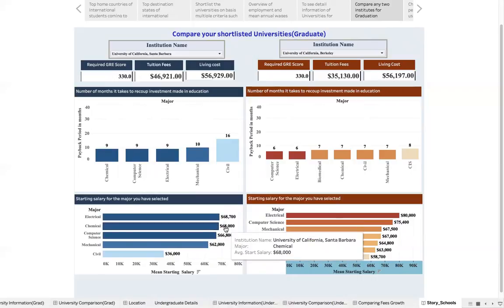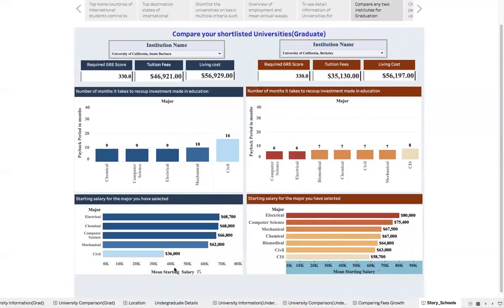We have not considered the living cost, because living cost is something which differs from person to person, and it is very subjective. And tuition fees is something which will be the same for all the students. Tuition fees will not differ, and living cost is something which can differ from student to student. Hence we considered only the tuition fees while calculating the payback period in months.